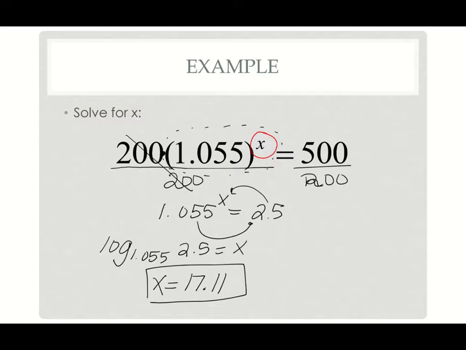Now, if I have a version of the calculator that doesn't have log base under my math, then I have to do change of base. So I would have log 2.5 divided by log 1.055. If I plug that into my calculator, I should get the exact same answer. So it's just going to take learning which way you have to do it based on your calculator, and you'll go through the exact same way each time.